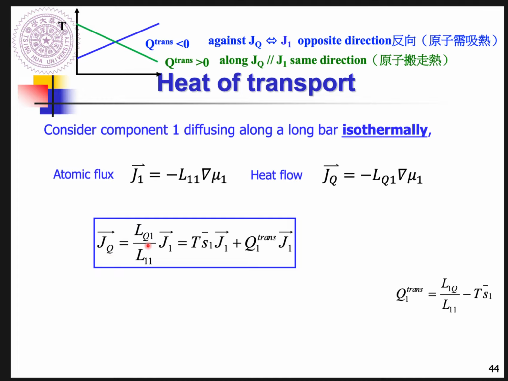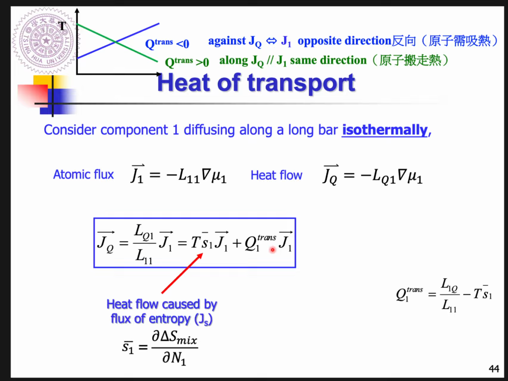So we have this coupling term, L capital Q1 divided by L11, and this links with the heat transport, so it can be written as T times S1 bar, the partial atomic entropy, plus the heat of transport. So based on the first term, we know where the heat flux is coming from. The first one is the heat flux caused by the flux of entropy.